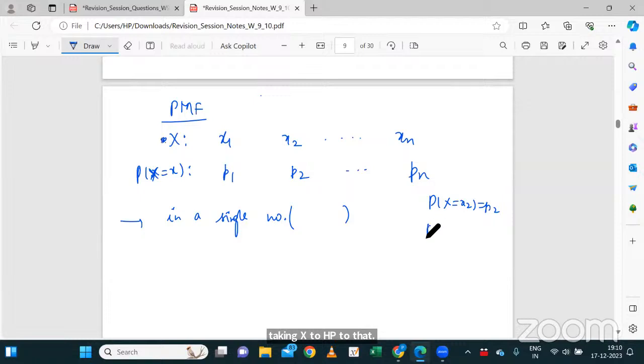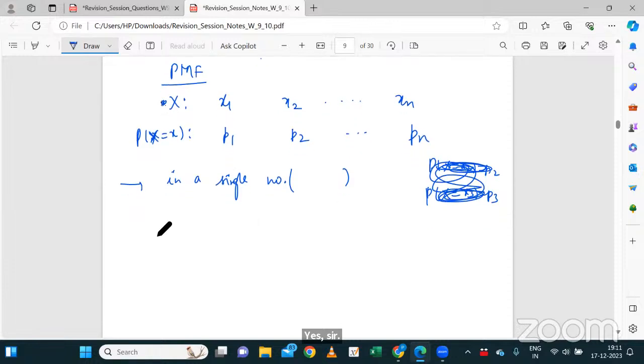Suppose I'm asking you to explain your random variable in a single number. Are you getting my point? Suppose I want to give information about my random variable in a single number. For that, this expectation came into the picture.